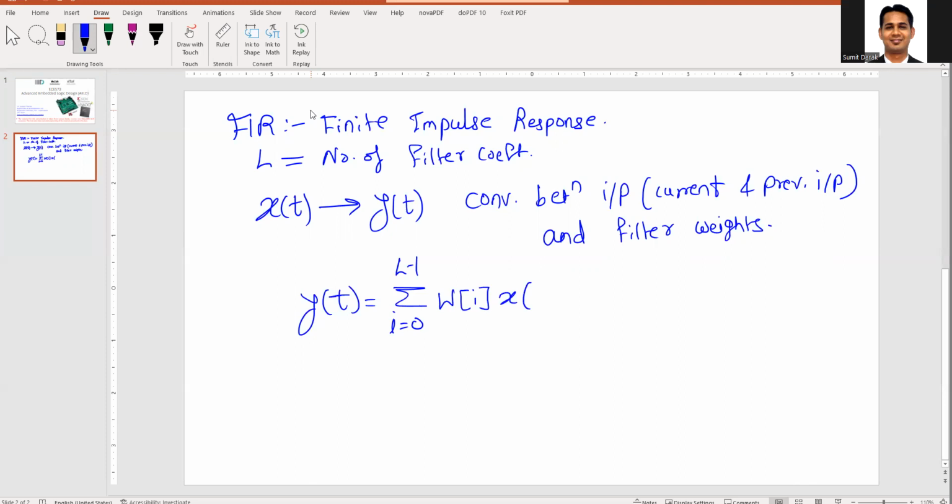So you will have filter weight 0 with the corresponding input, filter weight 1 with the corresponding input, and so on.